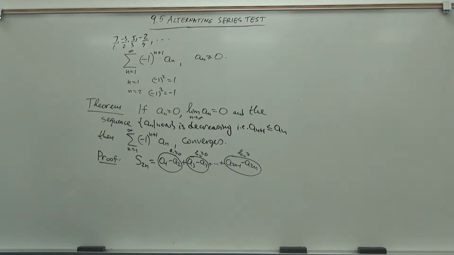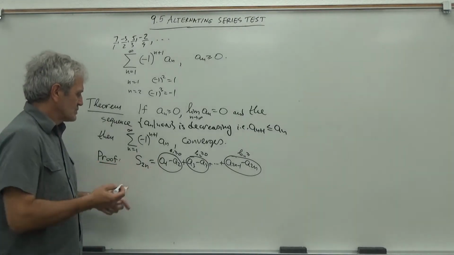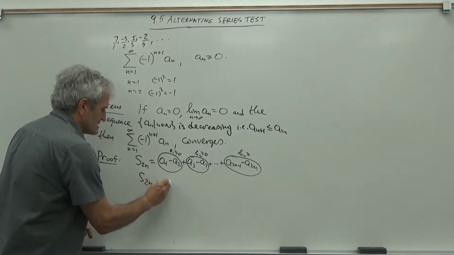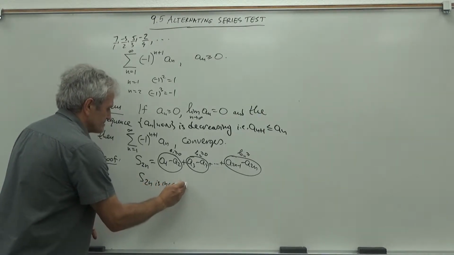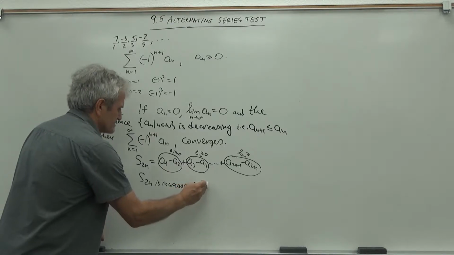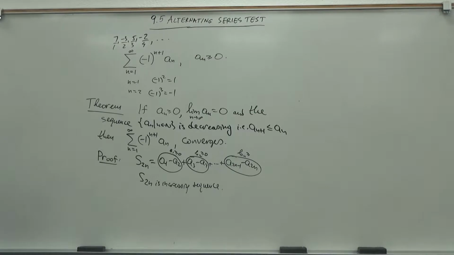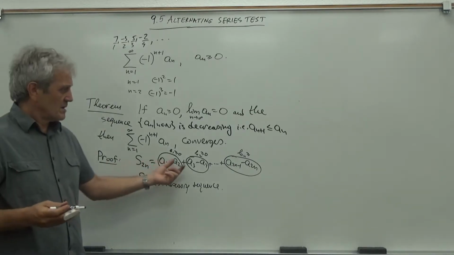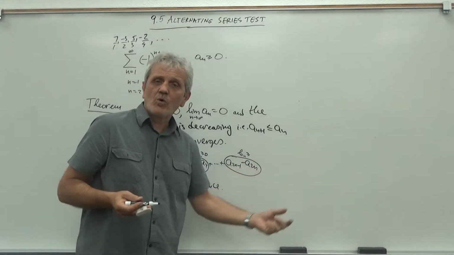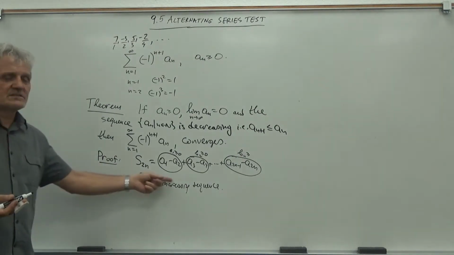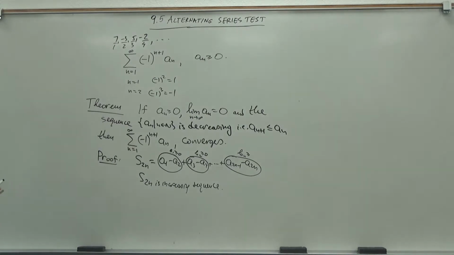I know that S_2n is an increasing sequence. Why do I know that it's increasing? Because the bigger n, the more non-negative members I'm adding, so definitely increasing, or at worst non-decreasing. But what else do I know?